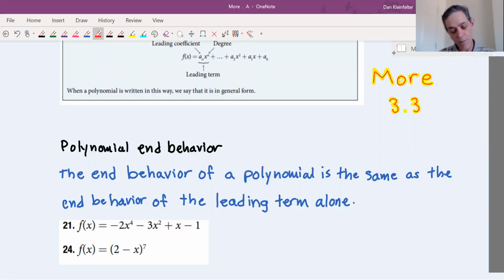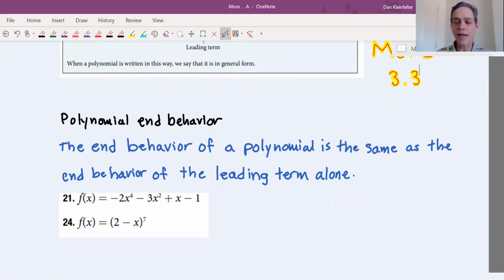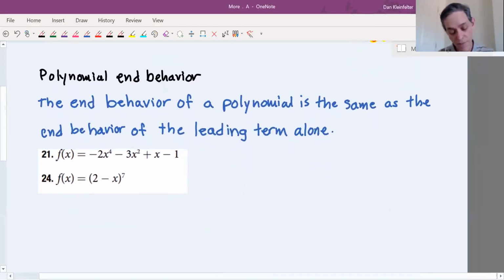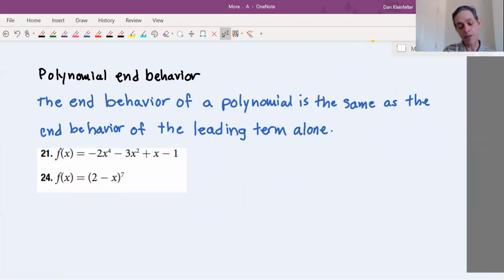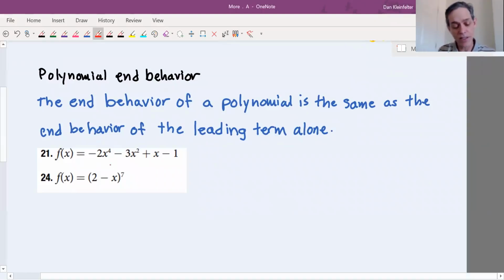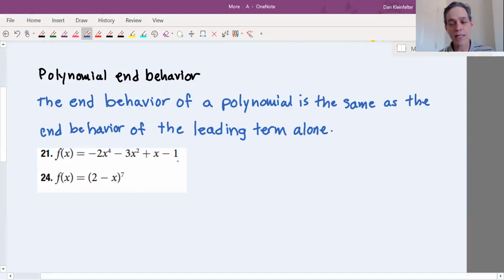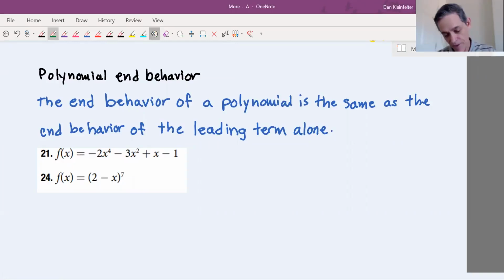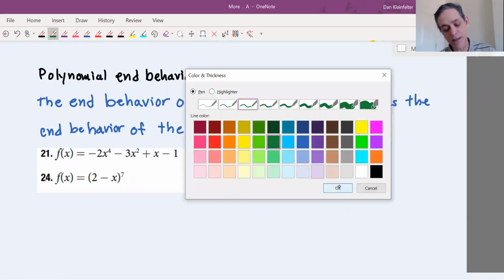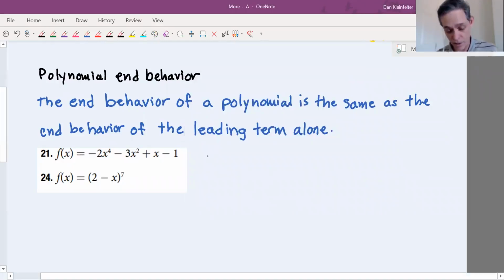So for a polynomial, it turns out that the end behavior is going to be the same as the end behavior for the leading term all by itself. As an example, if we have this function, negative 2x to the fourth power minus 3x squared plus x minus 1, this function's end behavior is going to be the same as the behavior of negative 2x to the fourth power.